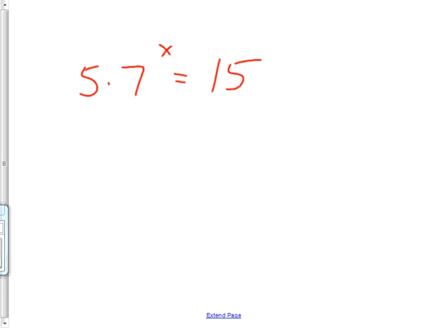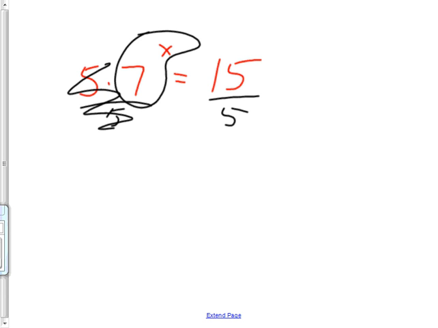Miss M in the back, tell me what to do. Good, that way you're getting the clump, which is that part, alone. All right, and 15 divided by 5 is 3, and now it's the rewrite part.